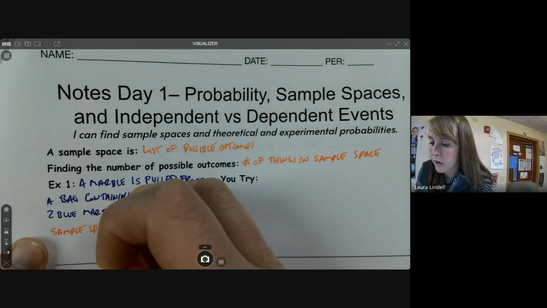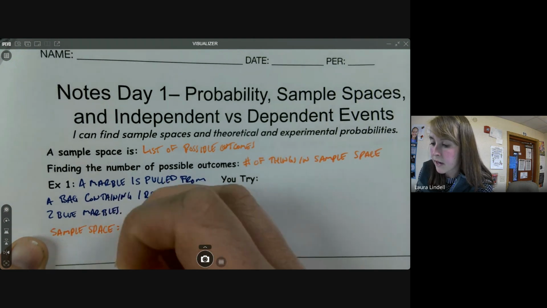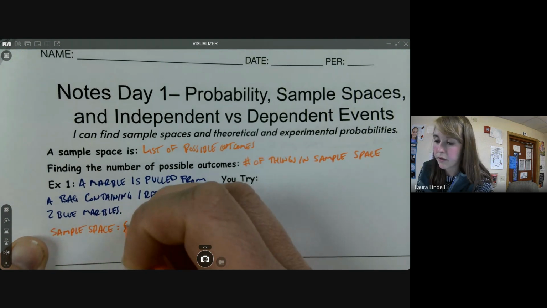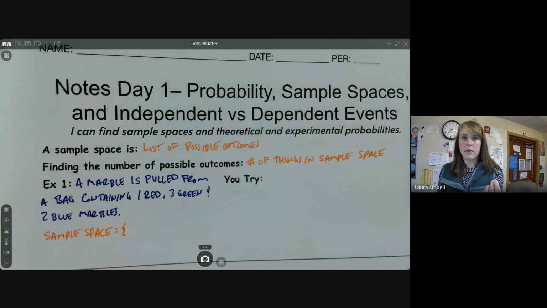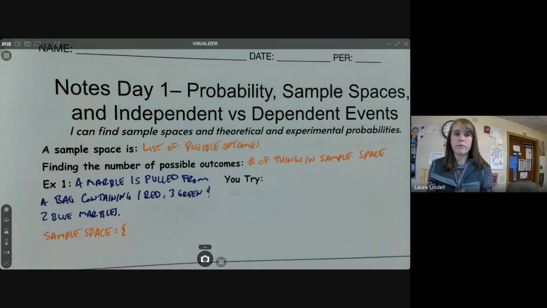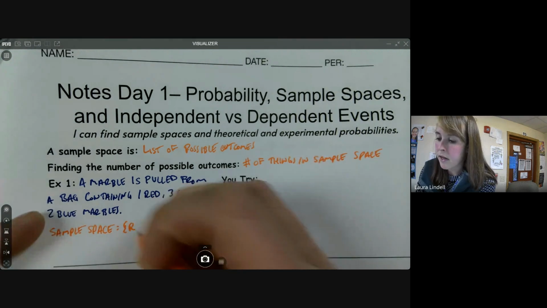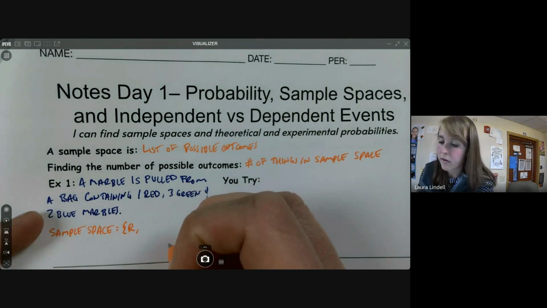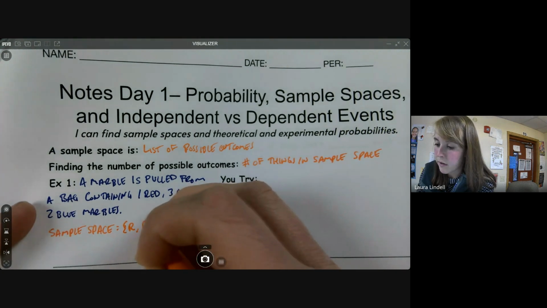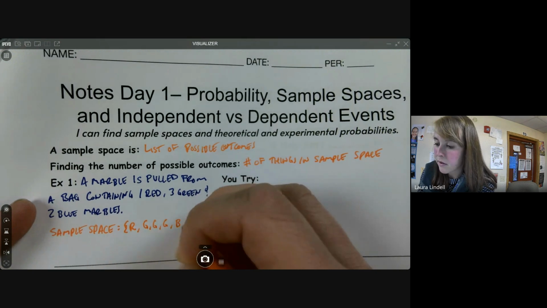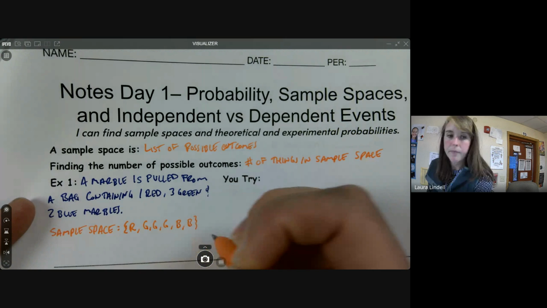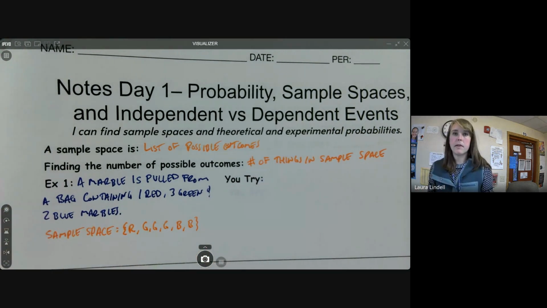One way to express a sample space is to use a list with curly brackets. I'm going to list the marbles and use R for red, G for green, B for blue. Since there's one red, we would have one R in our sample space. And then there's 3 green, so I'm going to put 3 Gs. And then there's 2 blue, so we're going to put 2 Bs. That is one way to express your sample space.